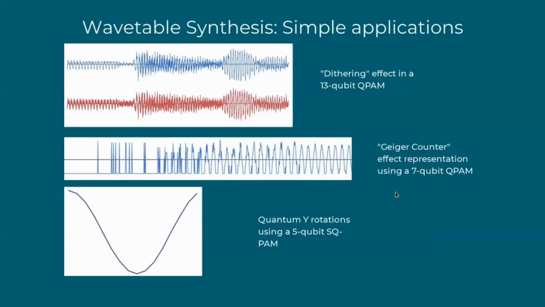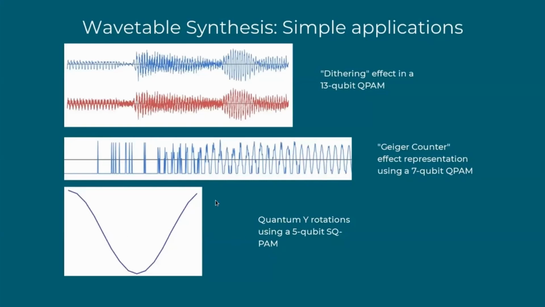So yeah, it's very interesting. The idea is that you make some experiments with a different number of shots, and you just update your wavetable as you change the number of shots, and this will make this kind of Geiger counter effect, which is very interesting.